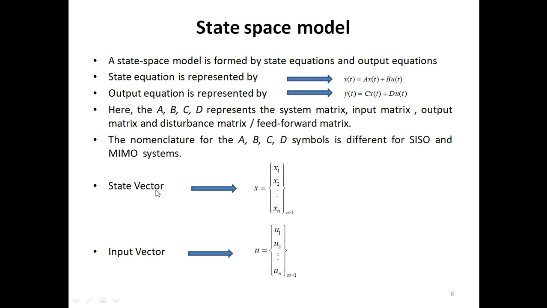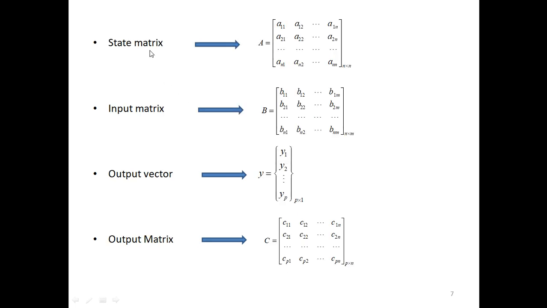The state vector X is a column matrix of order n by 1. The input vector is also a column matrix of order m by 1. Similarly, the state matrix is represented by capital A and is of order n by n.